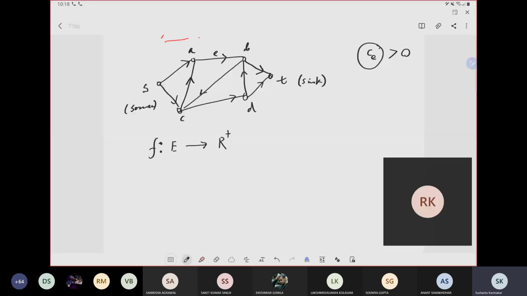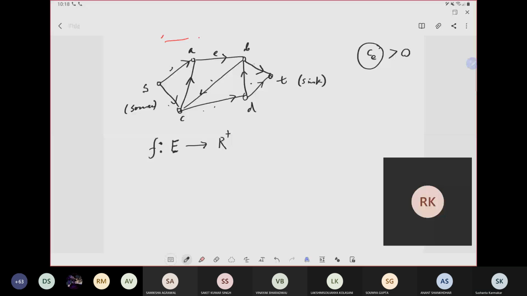What does this mean? This means I want to assign some flow value, some functional value, to all these edges, subject to some conditions. So what is the input?